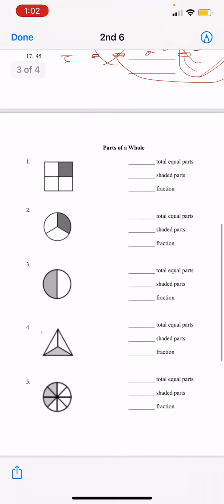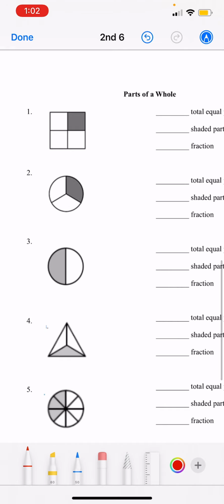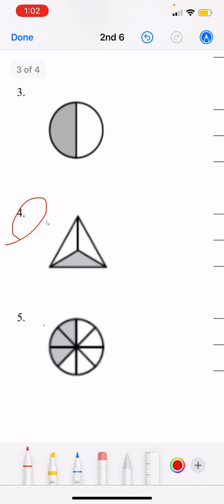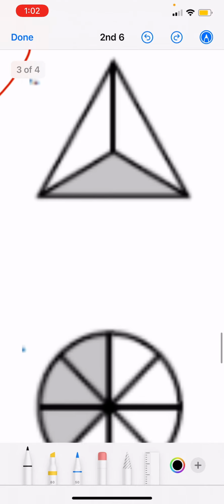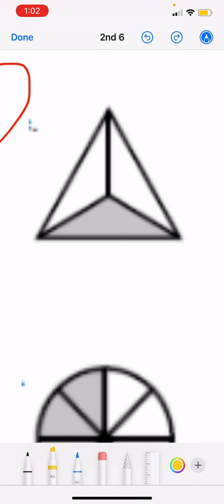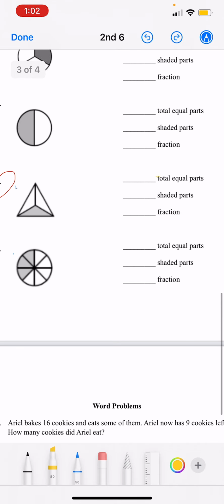Okay, let's go to the next one. So let's look at number 4. Number 4, we have a shape. And that shape is called a triangle. Now this triangle seems to be split into 3 parts. So 1, 2, 3. However, they're asking us for the total equal parts, the shaded parts, and the fraction.